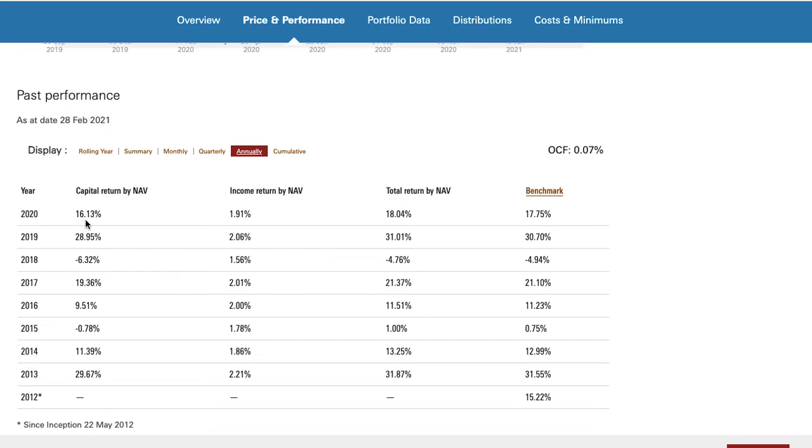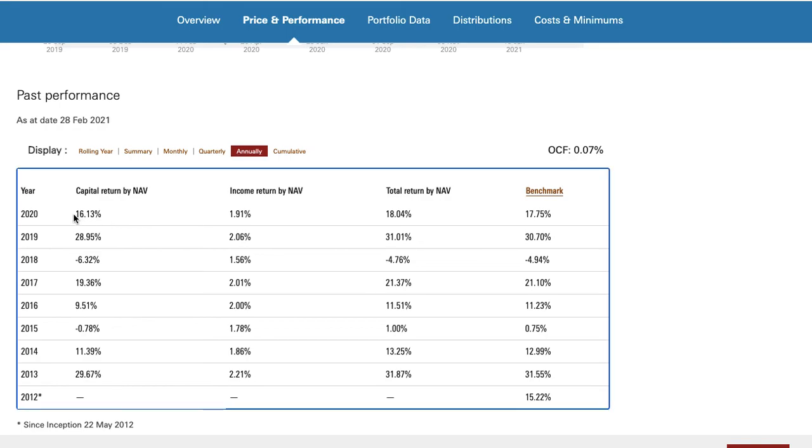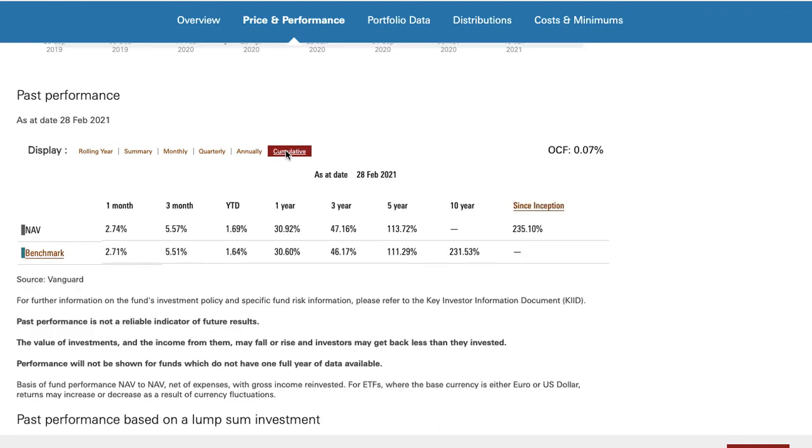So you can see that in 2020 it did a 16% return, 2019 was 28, and yes, there was a dip in 2018, but you know, it happens. At the end of the day, that's what you're being paid for the risk.